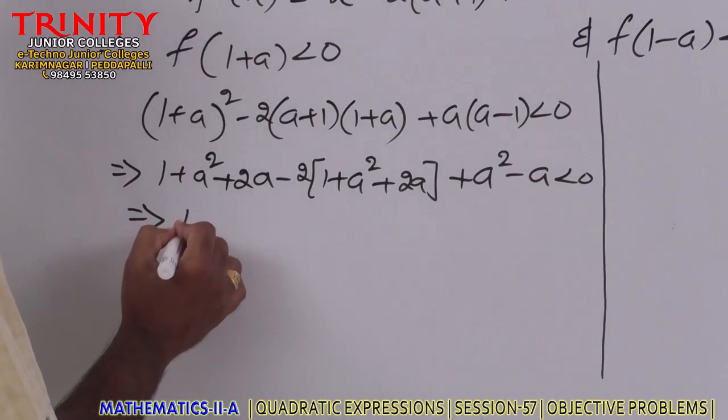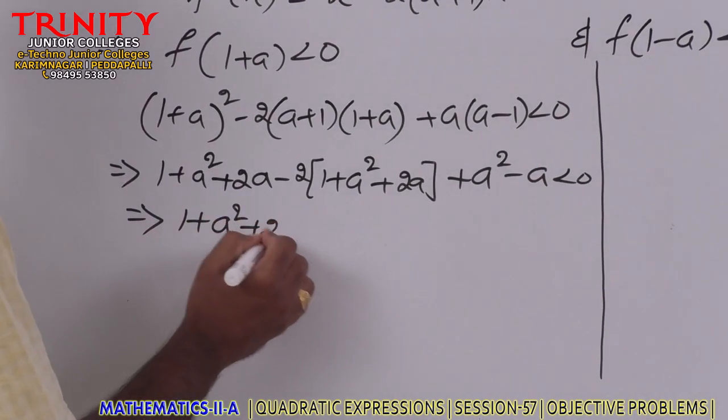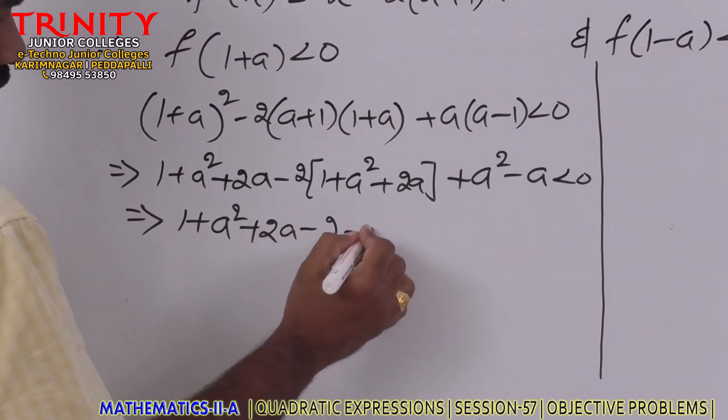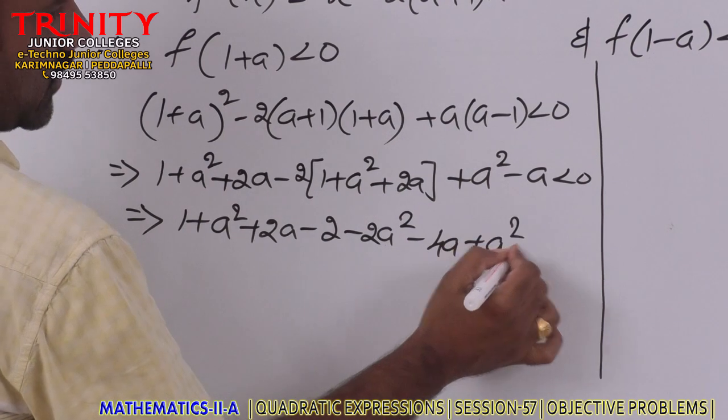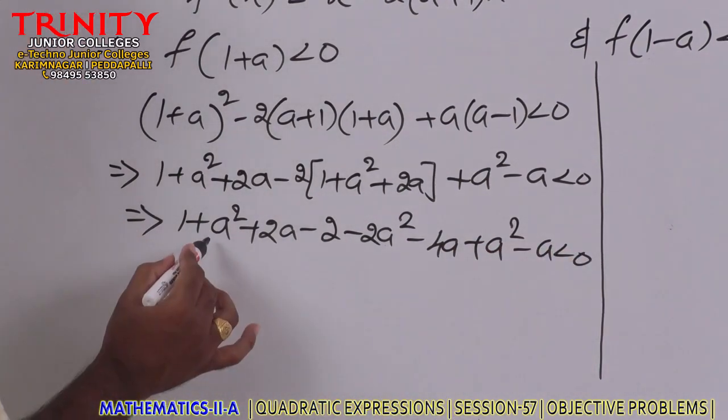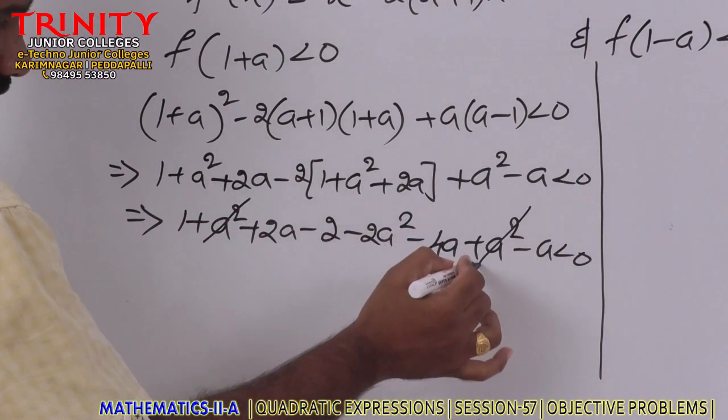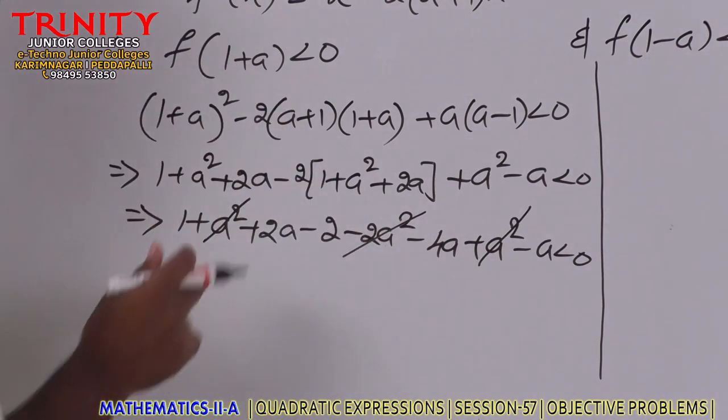Then 1 plus a square plus 2a minus 2a square minus 4a plus a square minus a is less than 0. The a square and 2a square minus 2a square get cancelled.